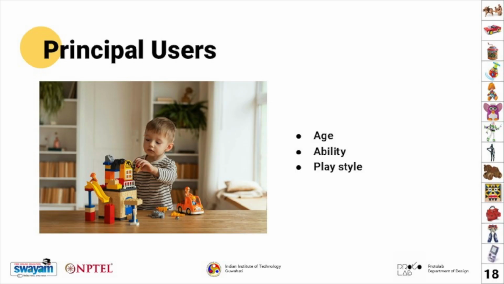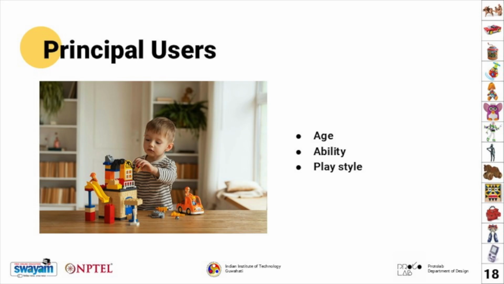The principal user in toy design is the child. This is the person the toy is primarily meant for. But as we have understood in much detail during the previous modules, even within the child, there is enormous variation. Age affects motor skills, attention span, language, and imagination.